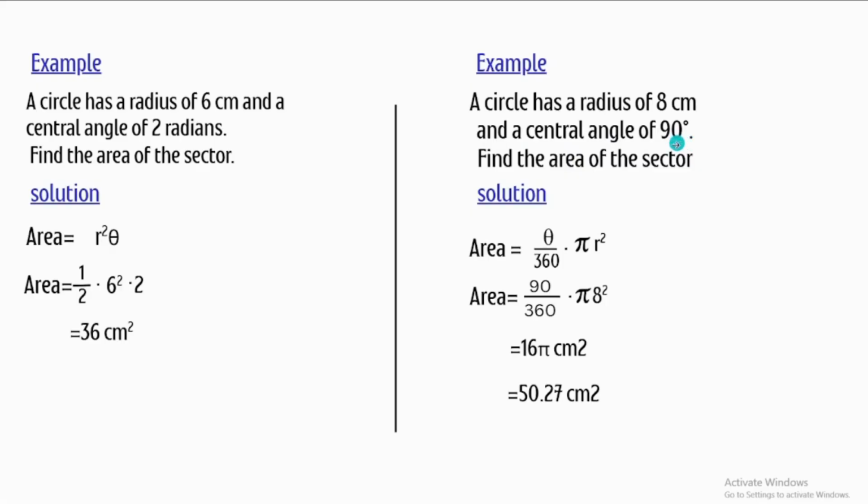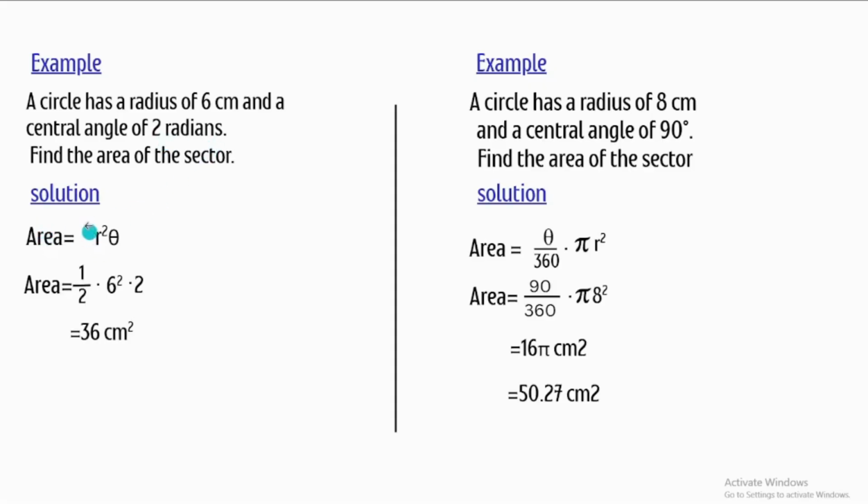We don't use an angle with a measure of 2 radians. So find the area of the sector. We have the radius is 6 and the angle is 2 radians.